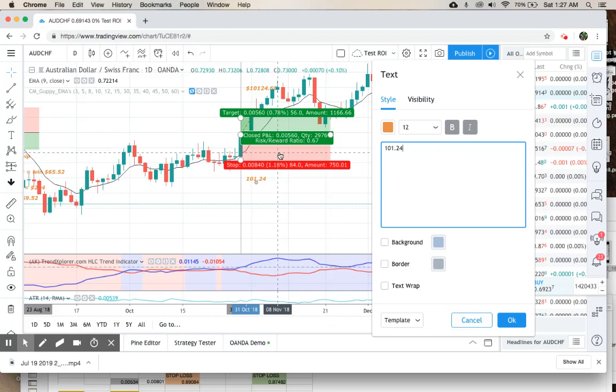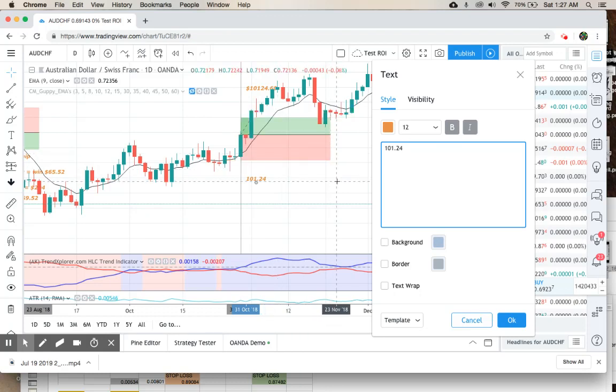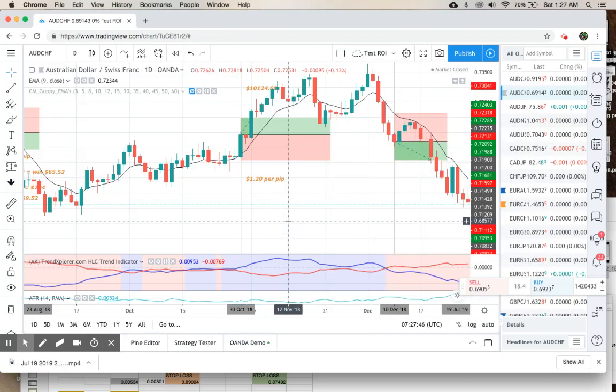So 101.24 divided by 84 gives us $1.20 a pip. So we're just going to call it $1.20 a pip. Okay. And then let's see what happens.